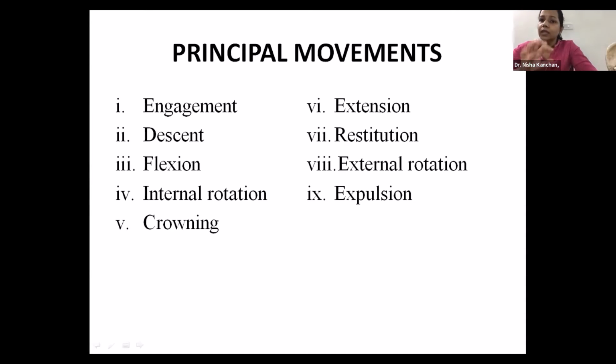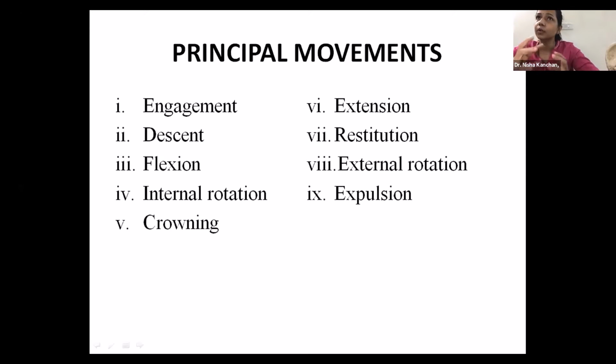Then crowning is when the head is coming out of the vulva, and delivery is by extension because the head will be flexed and it has to deliver by extension. Now restitution is nothing but untwisting of the neck. Now external rotation is again happening to get the shoulders into the maximum available diameter. So again, now shoulders have to enter into the anteroposterior diameter of the outlet.